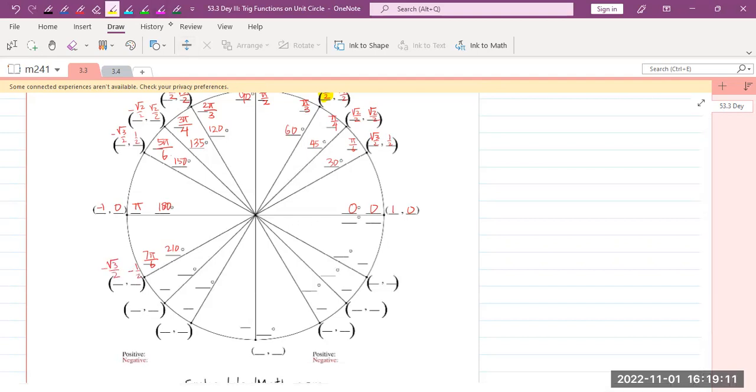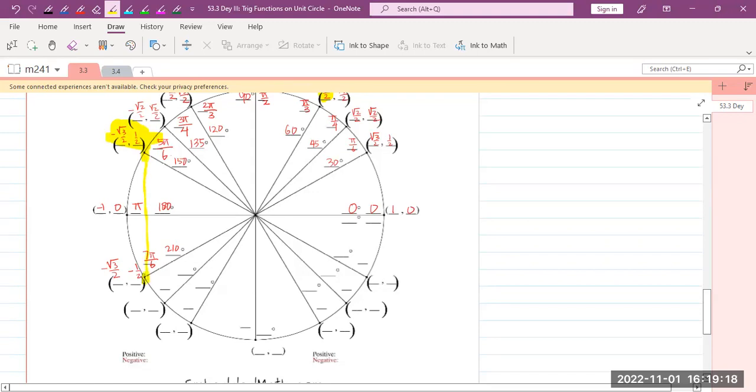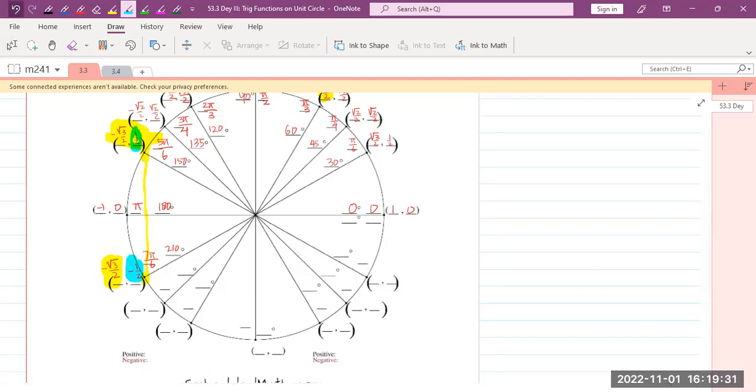Now take a look, how do I get that number? I actually steal it from here, because this point has the same x as this one. So the x must be the same, and because both of them are on the unit circle, the y must be the opposite.